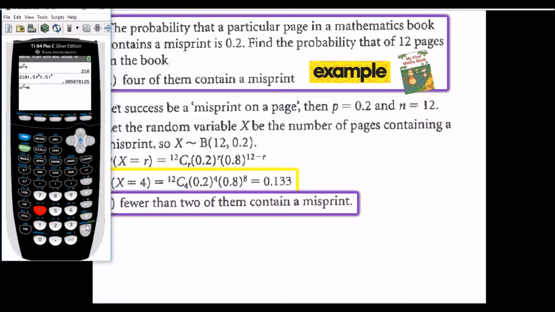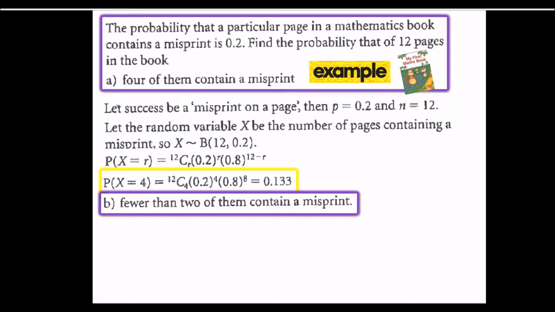You could do that if you want, or maybe it's safer to work out that answer first, 495, and then multiply that by 0.2 to the power of 4, and then multiplied by 0.8 to the power of 12 minus 4, to the power of 8, equals, there you go. So that's the unrounded answer, and 0.1328 to 3 sig figs would be this answer. So remember, always write the unrounded answer first, so make sure you do that too.